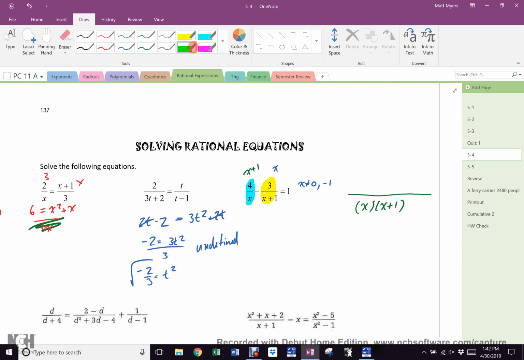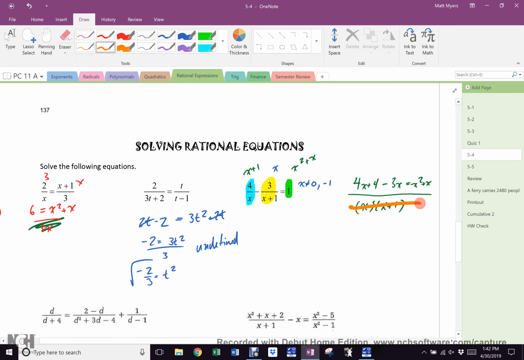What does this term need? x squared plus x, x and x plus 1, yes? What is 4 times x plus 1? Minus 3 times x equals x squared plus x times 1. x squared plus x. Do I need the bottom now?